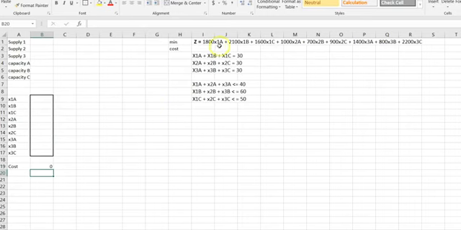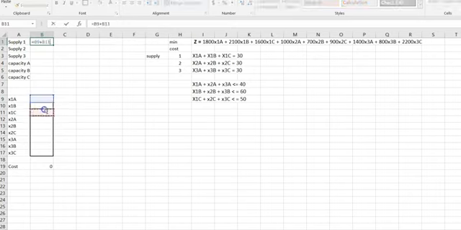Okay, now these are the supplies for warehouse 1, 2, and 3. Supply for warehouse 1 equals 1A plus 1B plus 1C, and that's equal to 30.